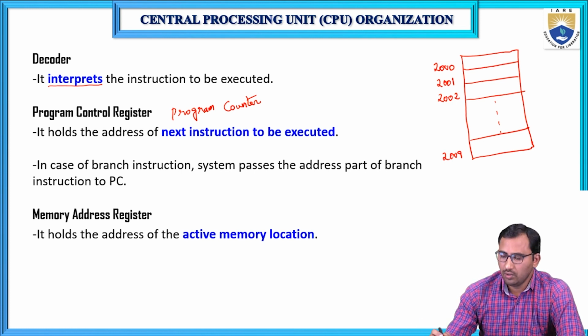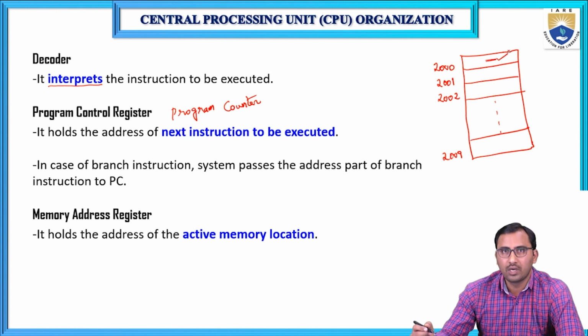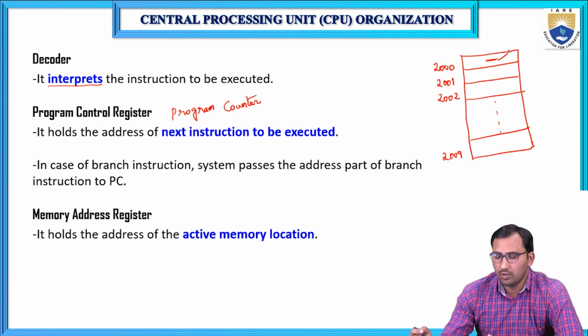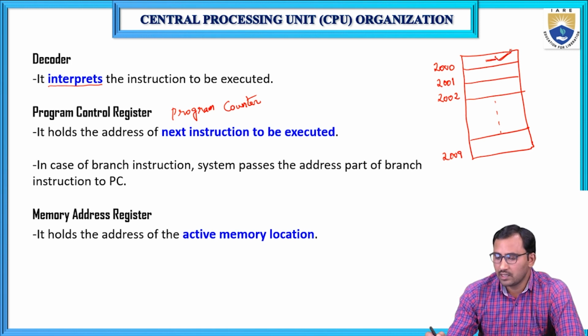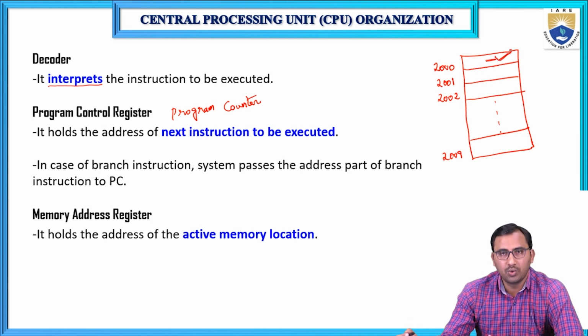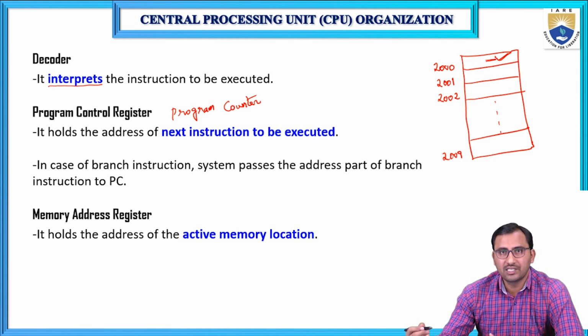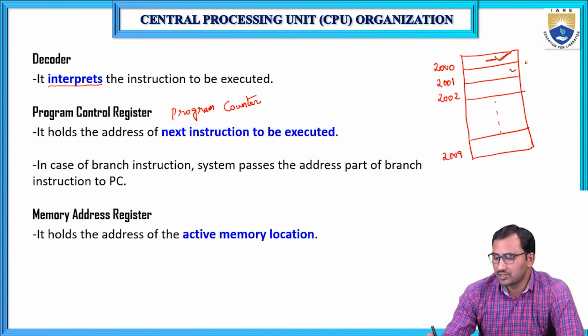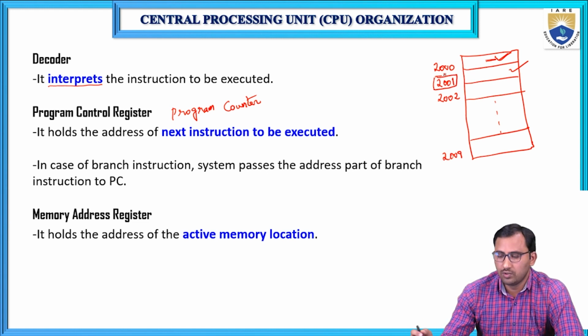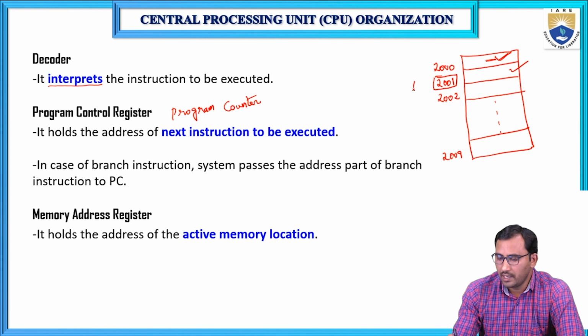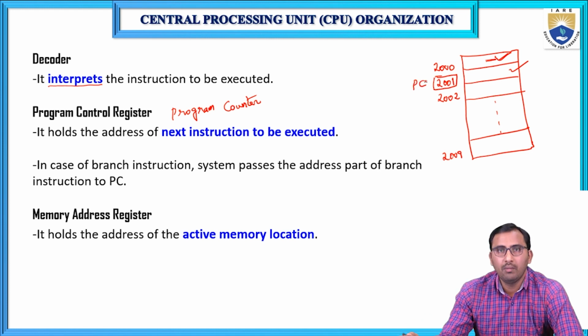So suppose the instruction present in the 2000 location is executing. When the instruction in the 2000 location is executing, the address of the next instruction is 2001. So this 2001 will be stored in the program counter.